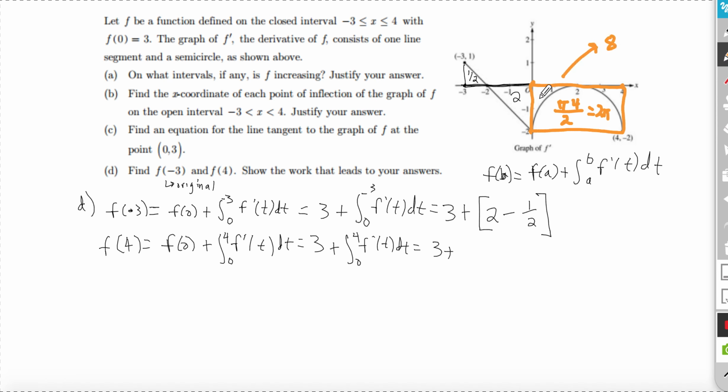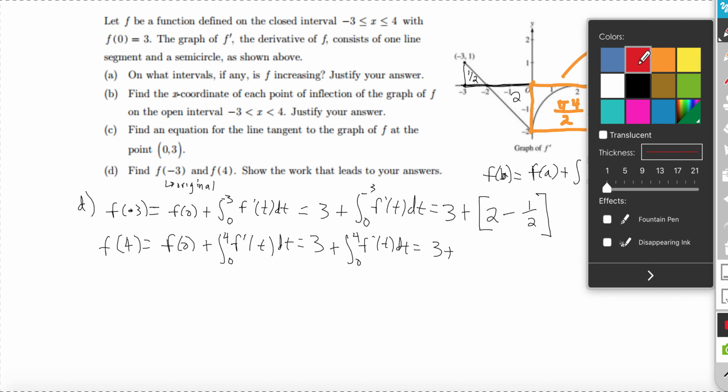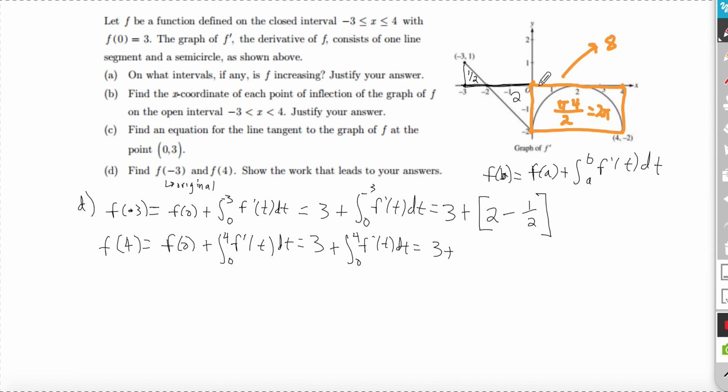So to get the integral from 0 to 4, I can change color again just to remind you what that looks like. The integral from 0 to 4 then, which is starting here, goes all the way along up to there.